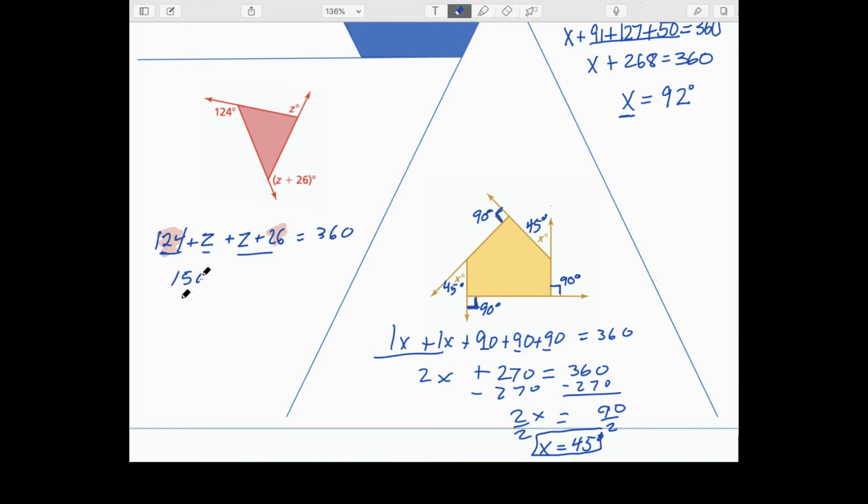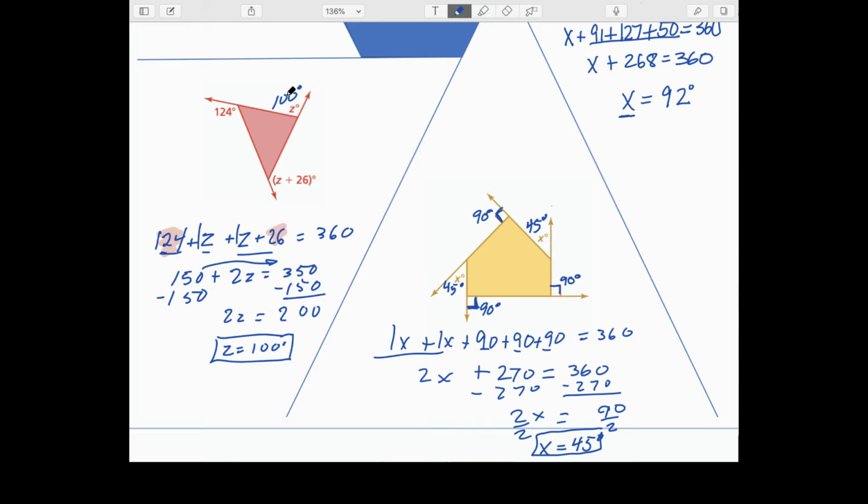And 1z plus 1z is 2z, so 150 plus 2z equals 360. Subtract 150 from each side, so 210 equals 2z, z equals 105 degrees. Yeah, so that makes that 100 degrees.